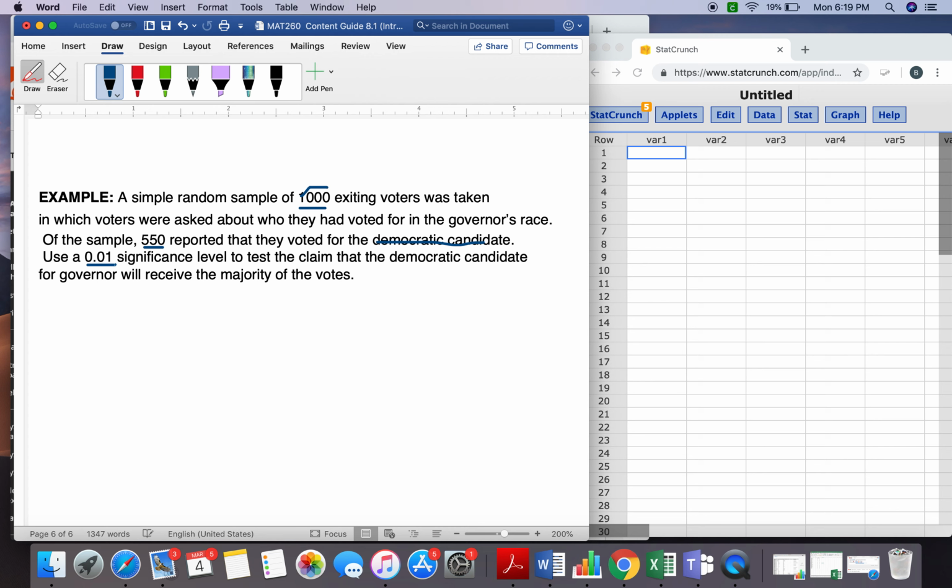And we're going to use a level of significance of 0.01 to test the claim. So this is our claim that the Democratic candidate for governor will receive the majority of the votes. So that's our claim.